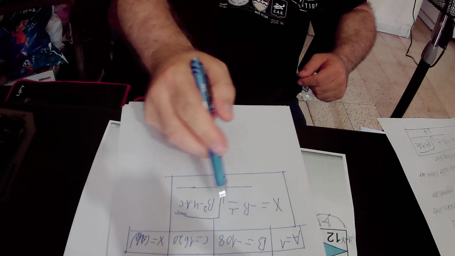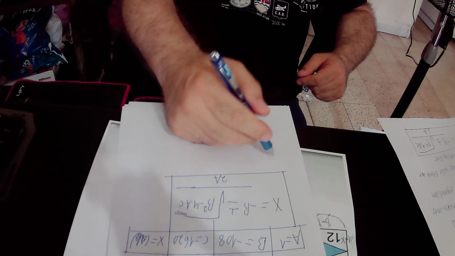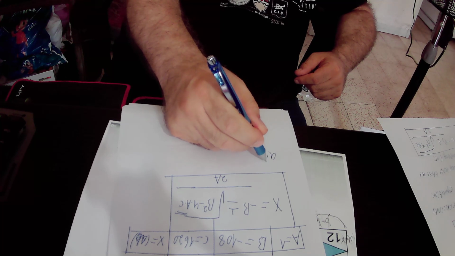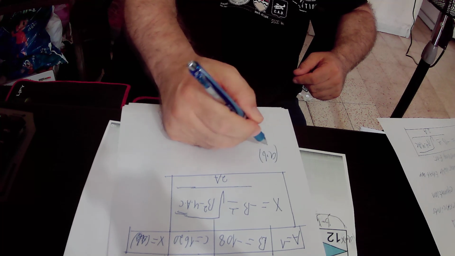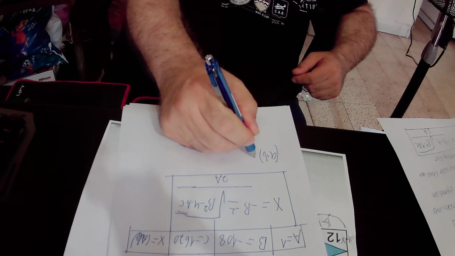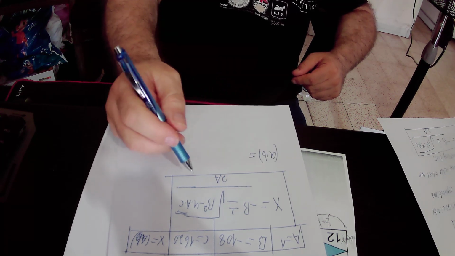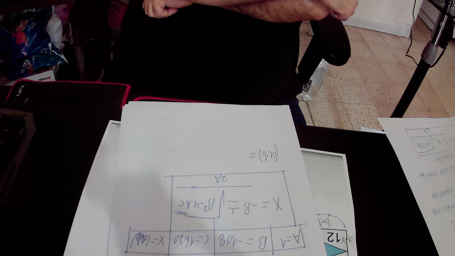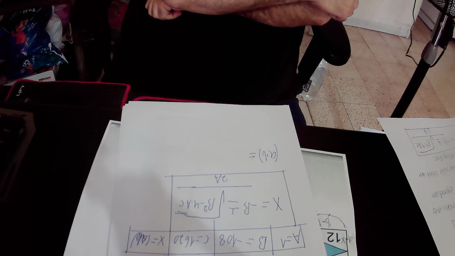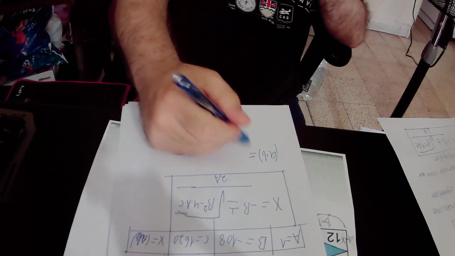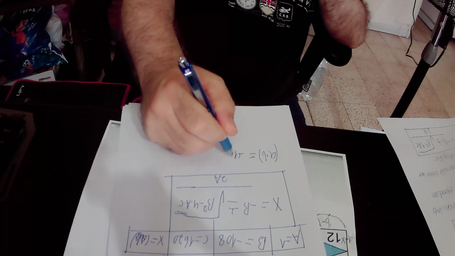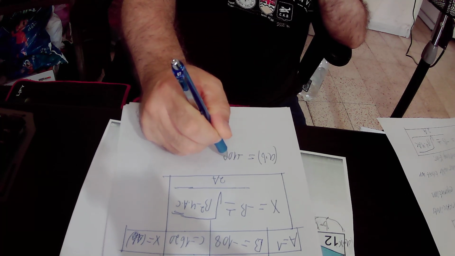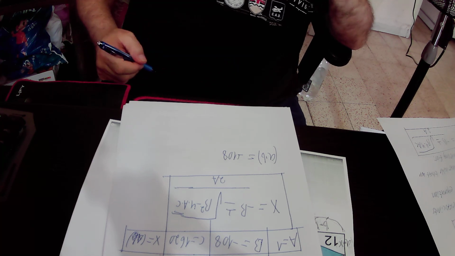So as you have seen, x equals a times b equals minus b. b equals negative 108, so minus b is minus negative 108, that equals plus 108, because minus times minus is plus.